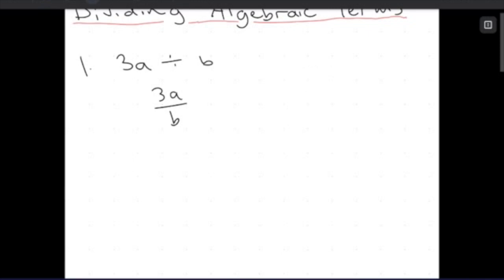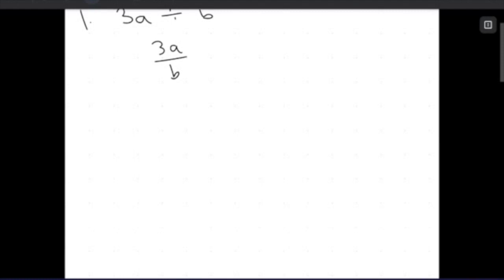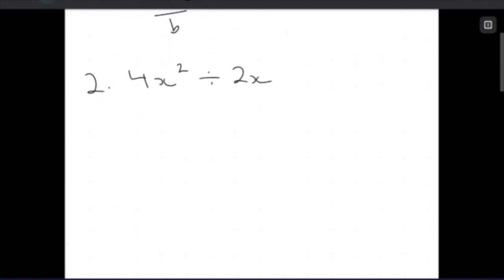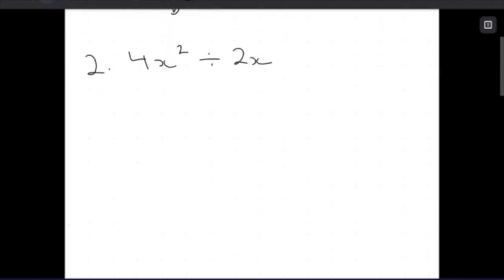Now, this example didn't actually require us to do that much. So let's jump in with another one where we can actually see what we end up doing when dividing algebraic terms. So let's go here, 4x squared divided by 2x. Okay, so once again, I have my division here. I'm going to write this as a fraction, so I can try to simplify this algebraically.